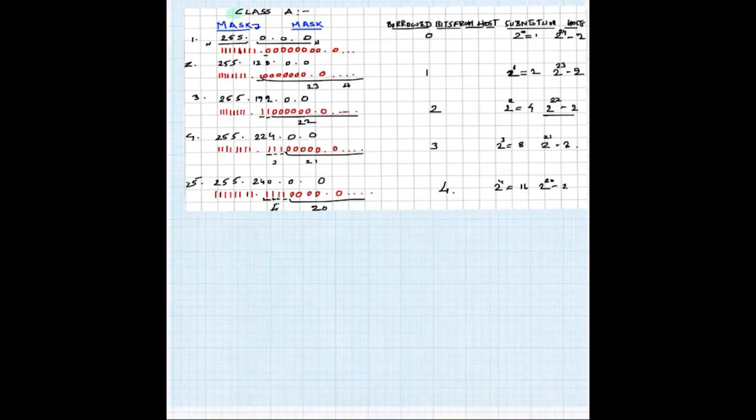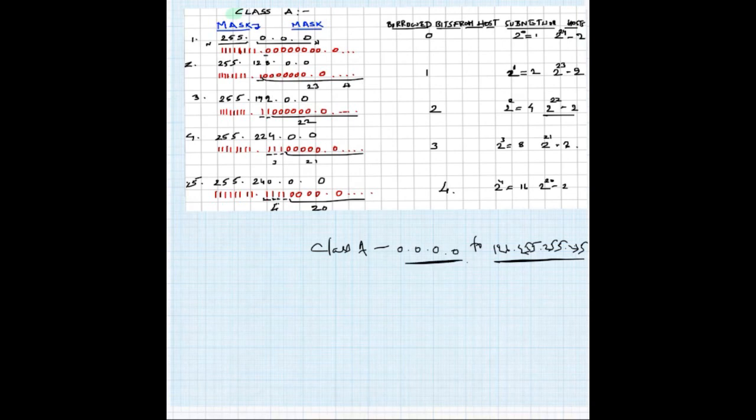So let's see how the various subnets can be calculated in a class A address scheme. So generally the class A IP address range is up to 126.255.255.255.